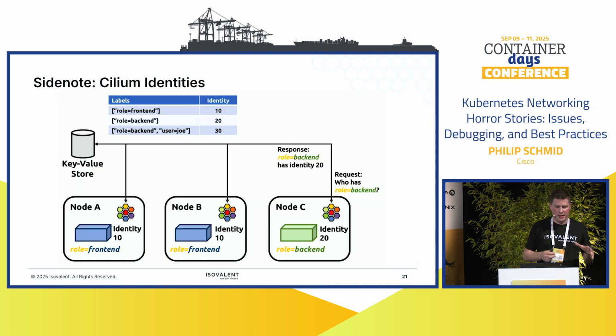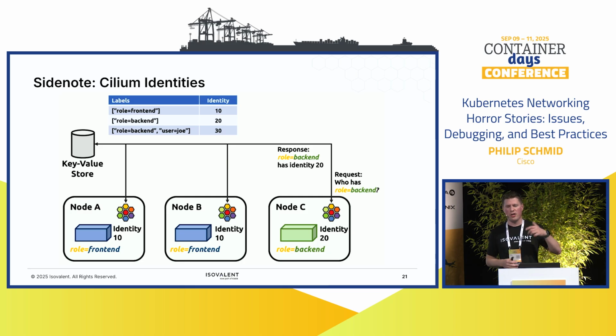To further understand where our scenario with those overflowing policy maps is coming from, we first need to understand how Cilium actually does network policy enforcement, and that's where Cilium identities come into play. That's essentially another Cilium abstraction, because as we all know, pods are pretty ephemeral. Their IPs can change within a few seconds in case they get rescheduled on another node, or even rescheduled in general. So we can't rely on IP addresses to do the actual network policy enforcement.